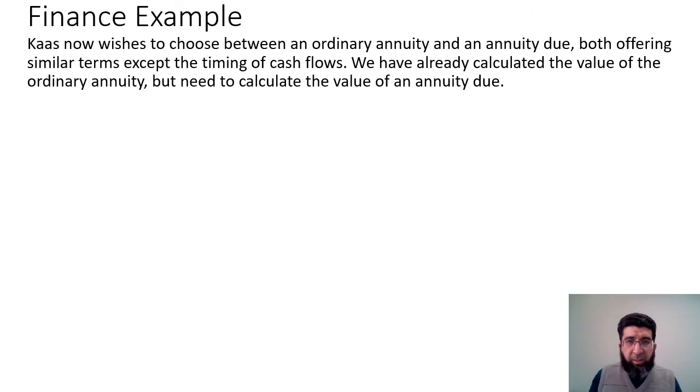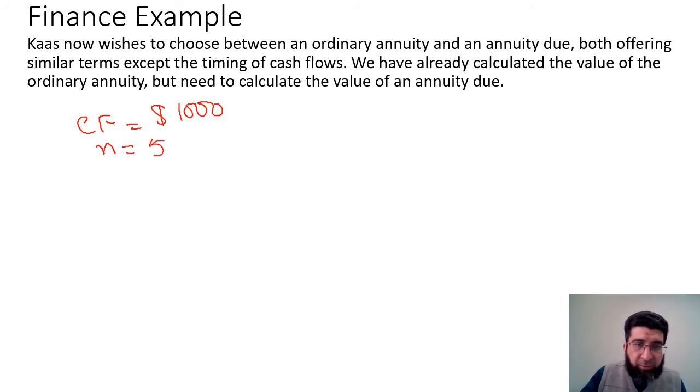Now let's look at the example. It's the same example that we started with at the beginning, where we were comparing two investments of 1000, where the cash flow or annuity equals 1000, N equals 5 years, and the interest rate was 7%.